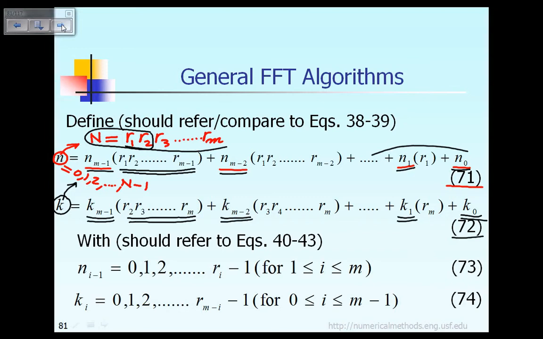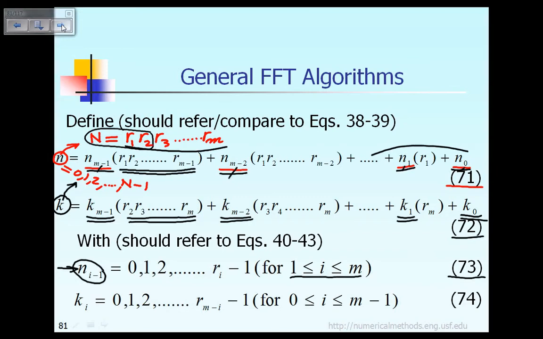To answer those questions, equation 73 will give you the value for those numbers. So all the values for N0, N1, N2, up to Nm minus 2, Nm minus 1, are all given by equation 73. And please be careful, in equation 73, i is between 1 and m.